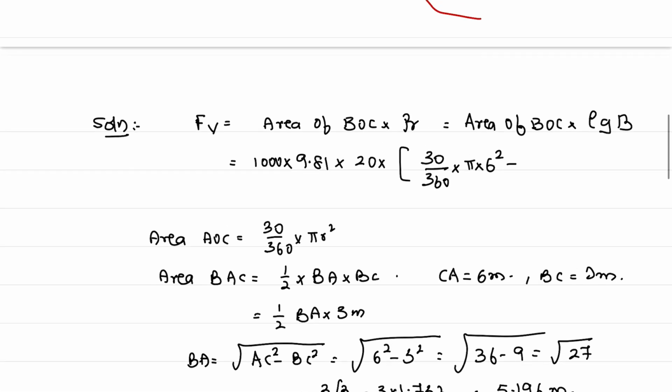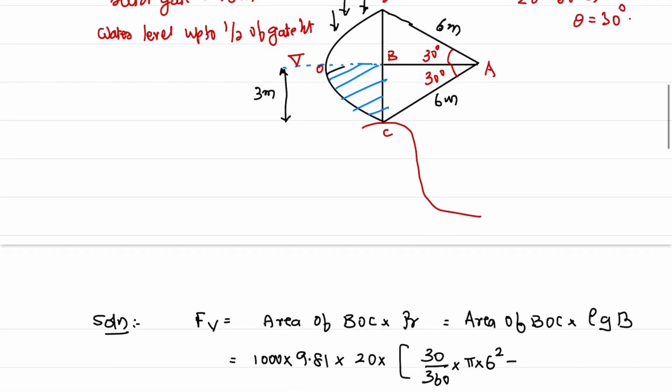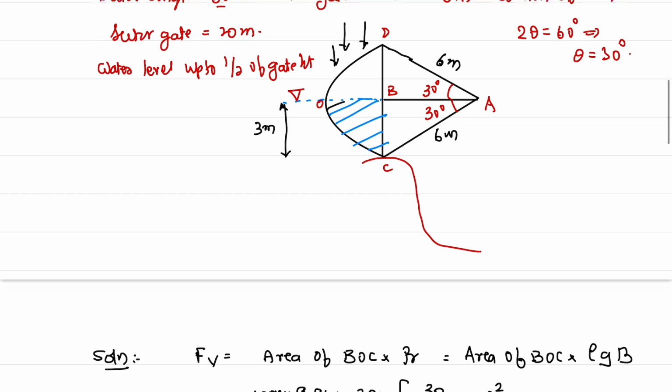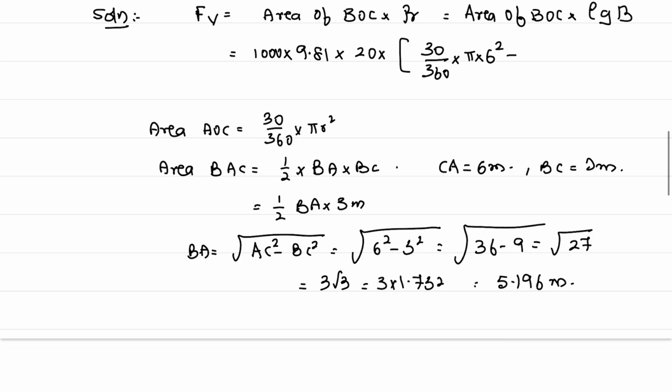Now, net area of OBC is equal to area of AOC, that is 30 by 360 into pi r square, minus area of ABC. What is the area of ABC? Area of ABC is equal to half into 5.196 into 3. That is equal to 7.794.